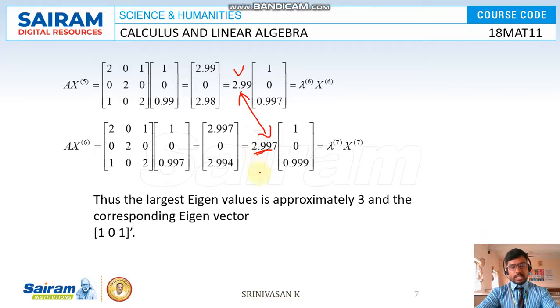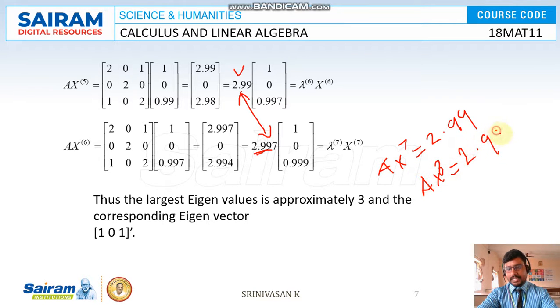So I'll stop the process. If you find the next iterations, A into x power 7, definitely you will get 2.99, and A x power 8, definitely you will get 2.9977 like this. Hereafter the eigenvalues are the same, so I stop the process when the eigenvalues are equal.